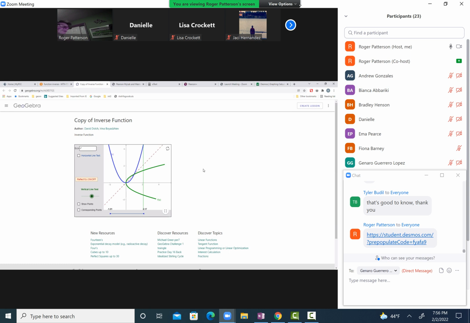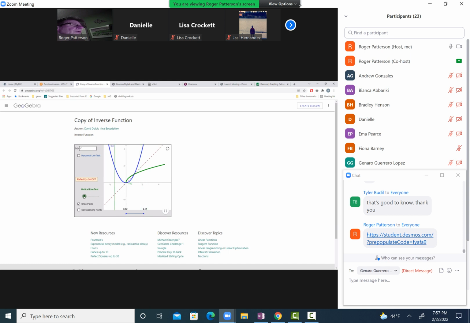So what we have to do is fix it so that it is a function. The way we fix that is we take the domain of the blue one. Anyway, we need to change this green function so that it does pass the vertical line test.